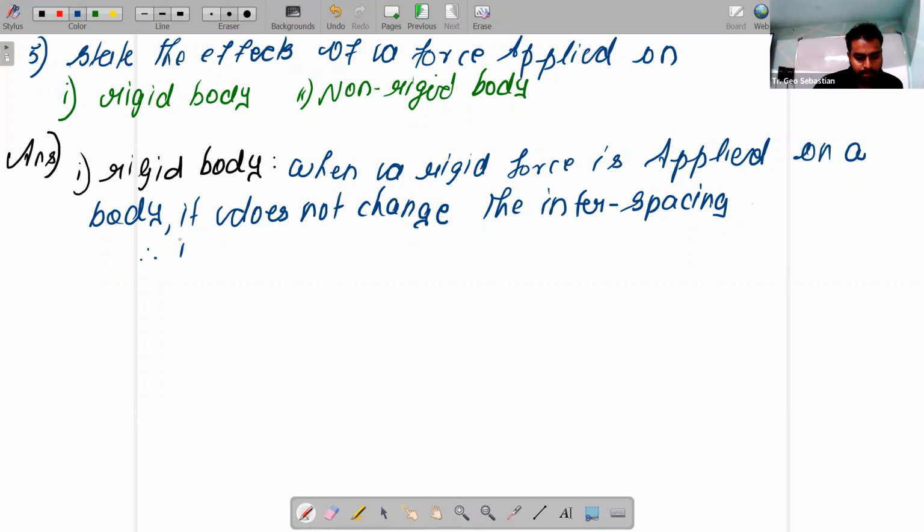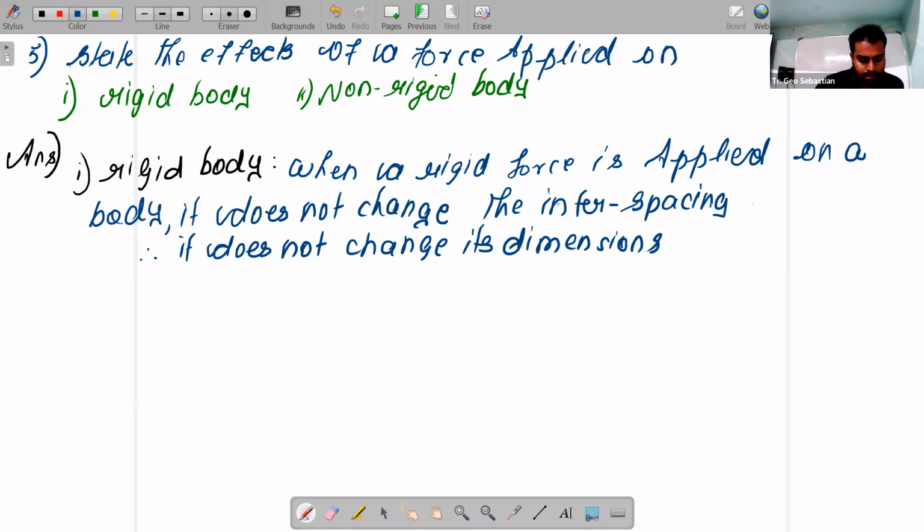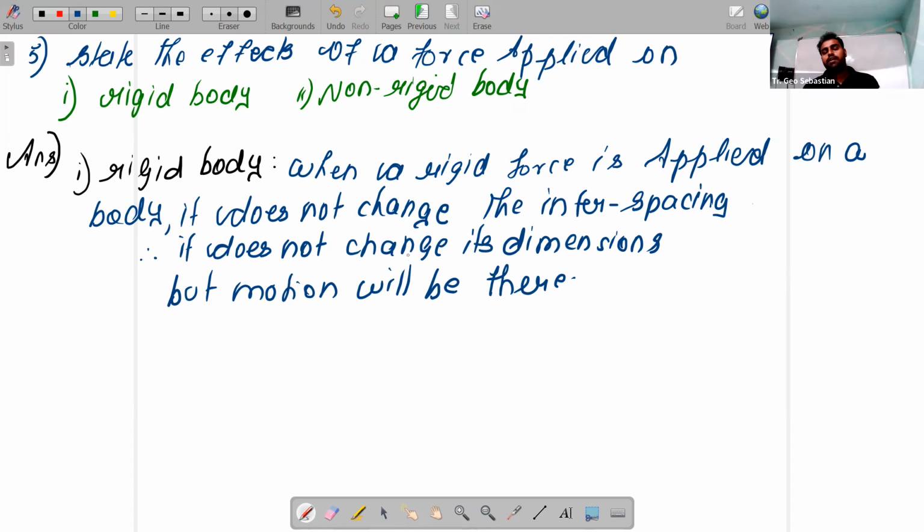Therefore, it does not change its dimension. But motion will be there. So children, if a force is applied on a rigid body, what happens? There is no change in dimension. Because of the force, the body will undergo motion, but there is no change in dimension. That is what happens in a rigid body.